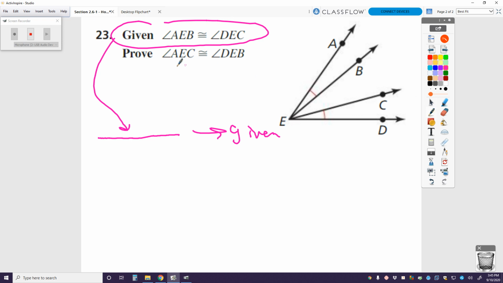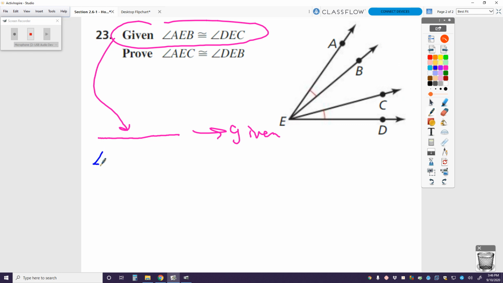If we need to talk about angle AEC and angle DEB, it makes me feel like they're wanting me to combine some smaller angles into a bigger angle, and some smaller angles into a bigger angle. I'm getting the warm and fuzzy feelings that they want me to use the angle addition postulate. So that's the direction I'm going to go in.